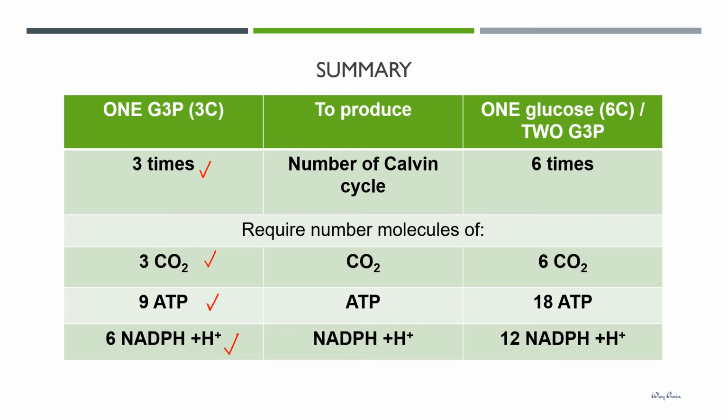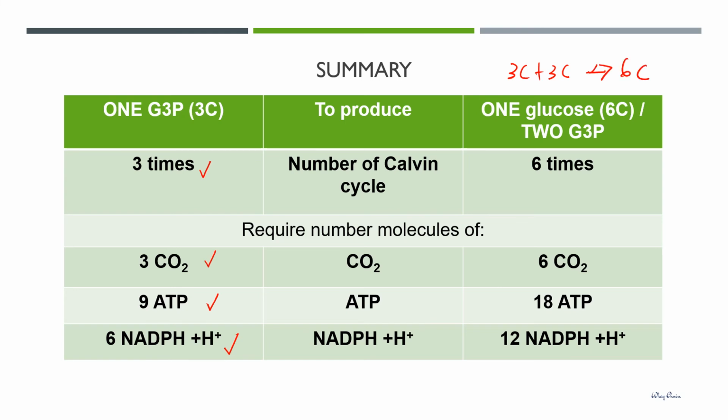But in plant cells, glucose is still the most important sugar to be used for other metabolism as well. So to produce 1 glucose with 6 carbons, we need to produce 2 molecules of glyceraldehyde 3-phosphate, because 3 carbon plus 3 carbon produces a 6 carbon molecule.